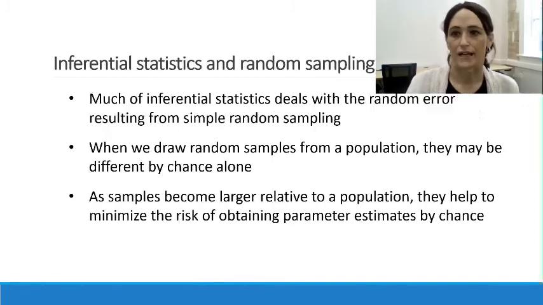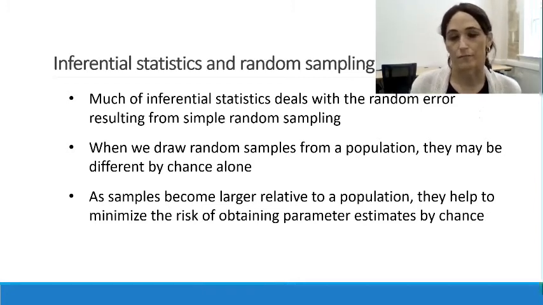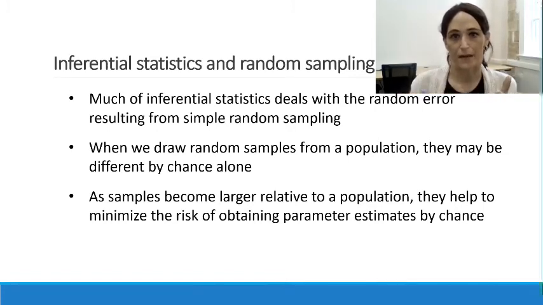So again, we don't usually rely on a single study to make decisions in public health settings or medical settings. As I mentioned earlier, inferential statistics and random sampling go together. We expect our samples to be random and independent for the most part. What that means is we're not repeating observations on the same people.